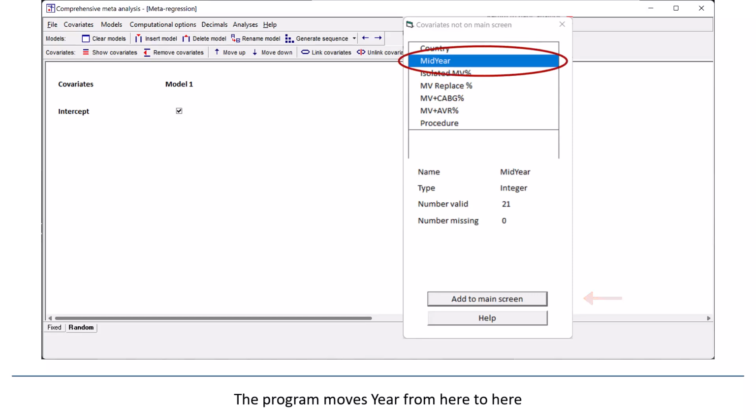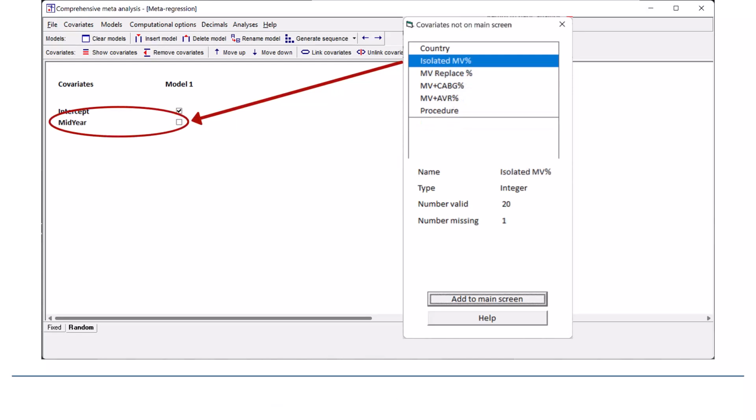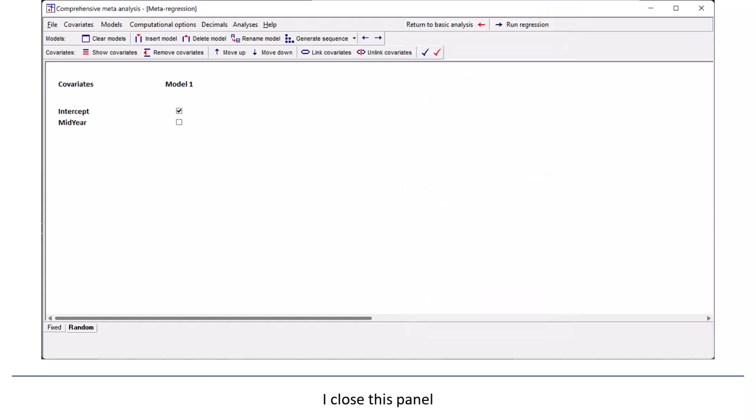And the program moves year from here to here. Close this panel. I add a check mark for year, and then I click Run Regression.